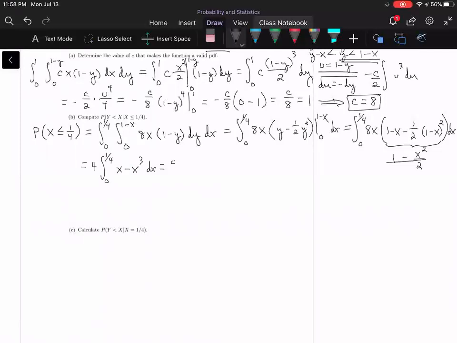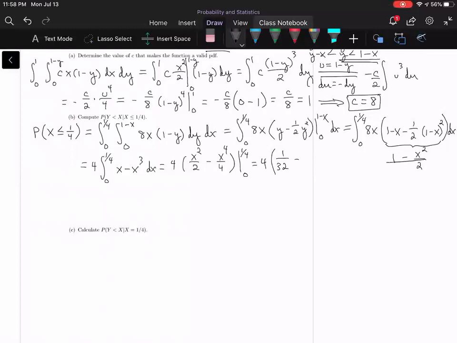And when we integrate this, I've got 4 times x squared over 2 minus x to the 4th over 4, which evaluating from 0 to 1/4, I've got 4 times 1/4 squared is 1/16 over 2 is 1/32, minus 1/4 to the 4th is 1 over 256, times 4.